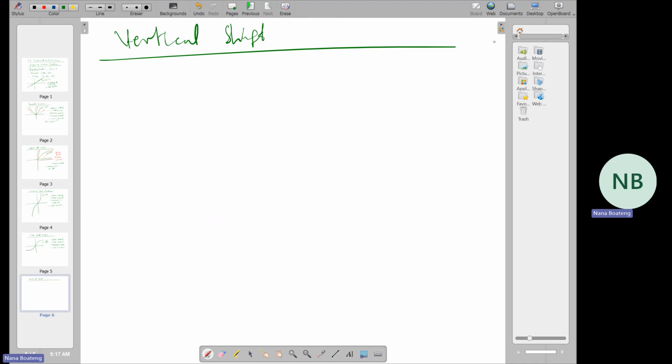Let f be a function and c a positive real number.